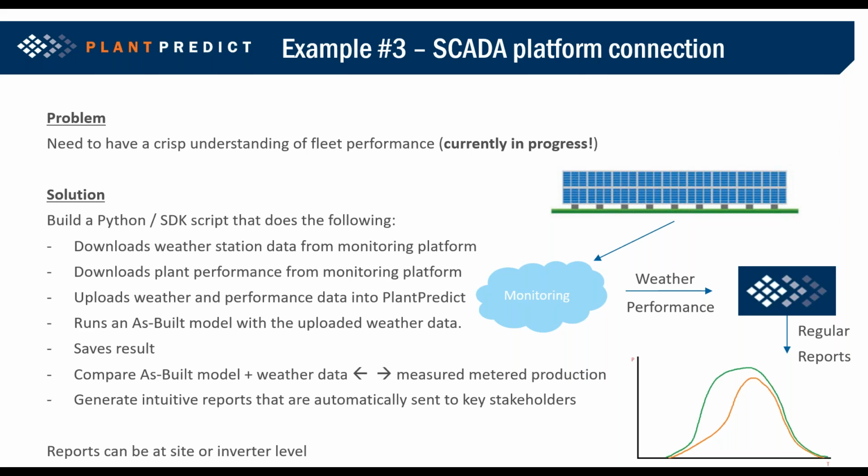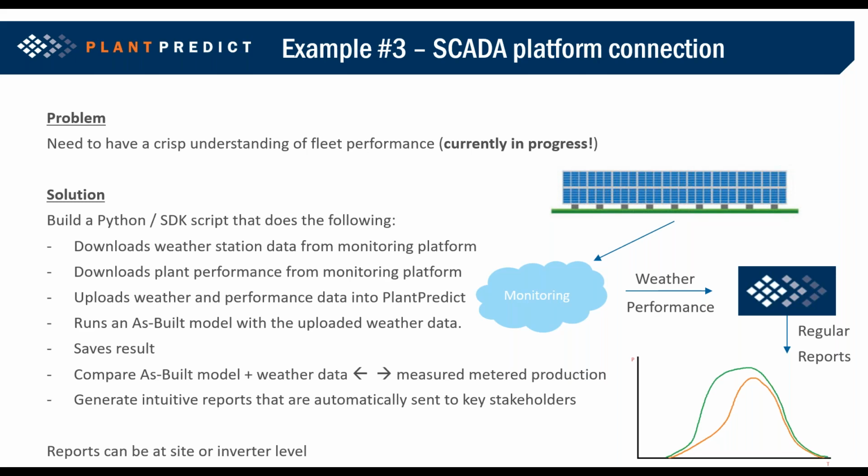When I'm building something to communicate with a SCADA platform, or really any other API out there, you're using Python, just the scripting language, and the SDK is particular to PlantPredict. So that's why I made that distinction. You create a script that does the following. It downloads measured weather station data from the monitoring platform. So you have your pyranometer, you have your temp sensors, you have everything on the job site, and those get recorded.